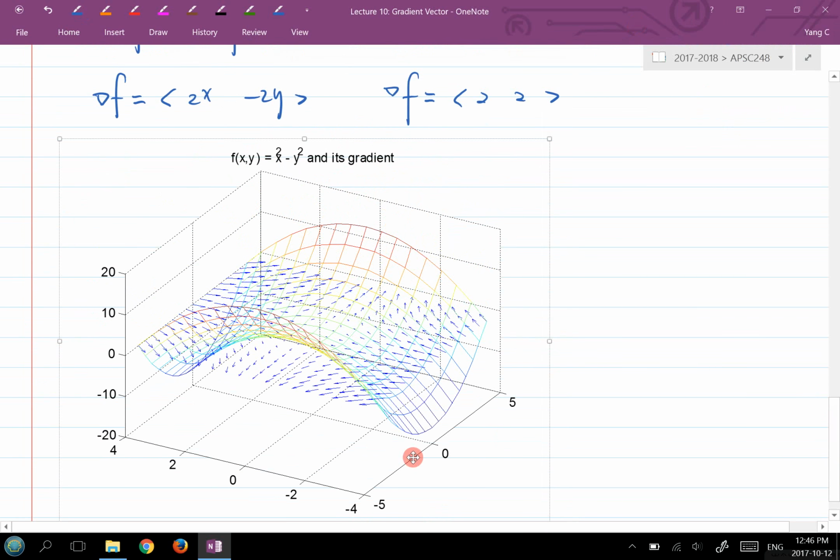Okay, that's the surface. Now, how do I sketch this gradient vector here? First of all, forget about the gradient vector. Let's just say you have a vector here, which is 2 and 2. So maybe the first question is, let's sketch the vector 2, 2. How would you do that?